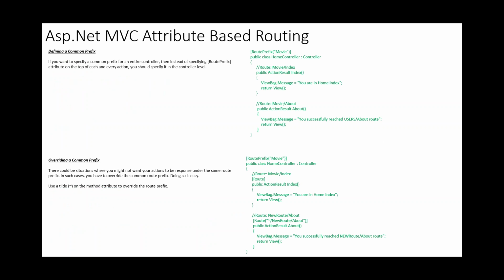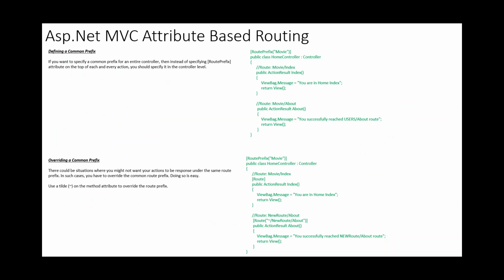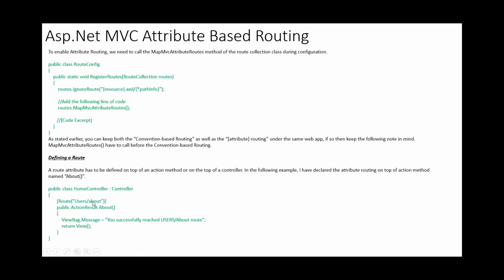Defining a common prefix. A common prefix means that in your entire controller, for all these actions, you can define a common prefix. In the earlier example we had users slash about, right? This users is common for each action.